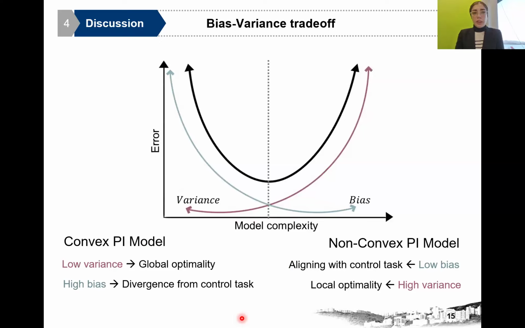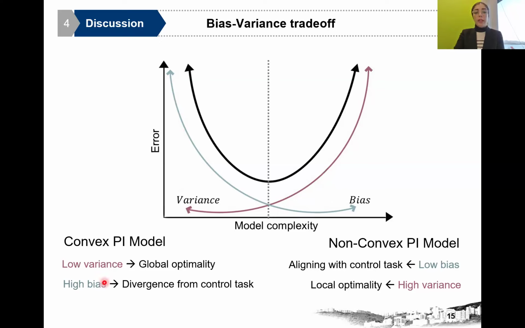And in this discussion part, I want to emphasize that we can interpret our results through the bias-variance trade-off. In the bias-variance trade-off, as you see, when the model is less complex, like the convex parameter identification model, we have lower variance and, on the other hand, higher bias.